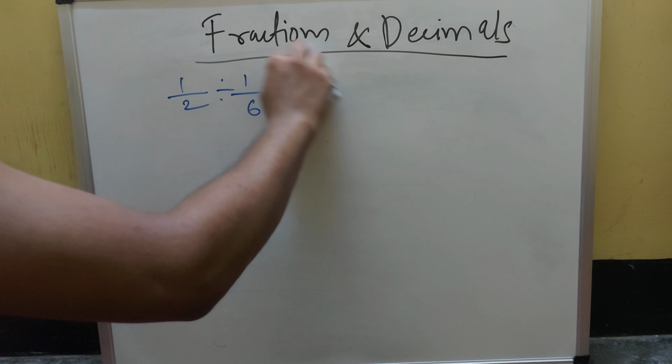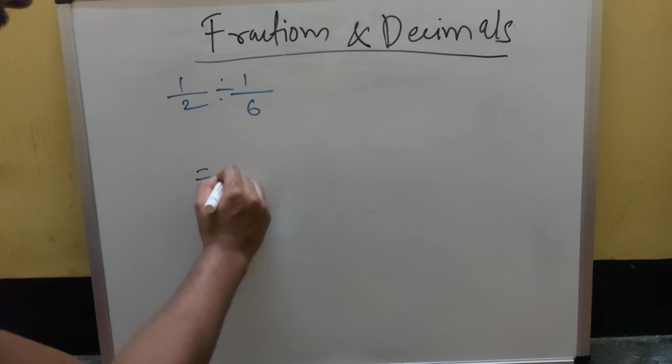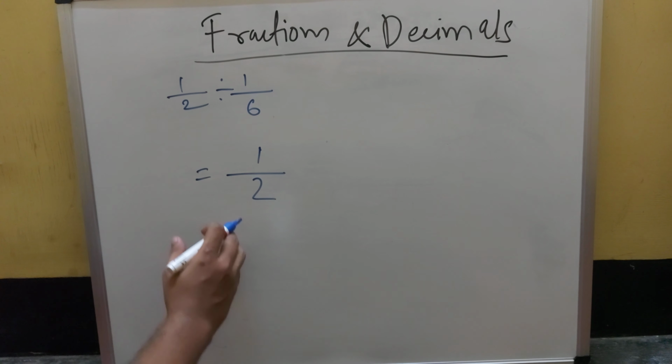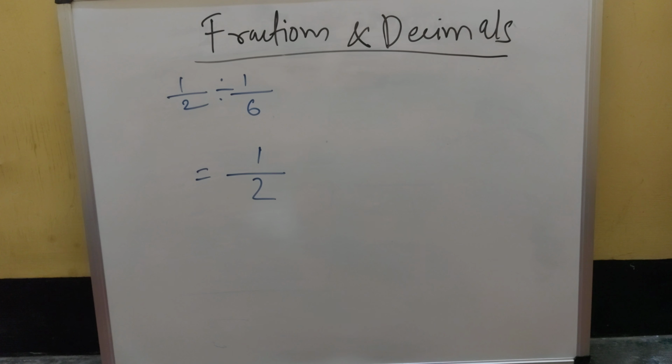Look, this was our question, right? Solve the division of 1 by 2 divided by 1 by 6. How will we do it? Look. First we will write 1 by 2. Then we change this sign to multiplication. Look, multiplication can be changed to division, and division can be changed to multiplication. Do not change to plus and minus, addition and subtraction.